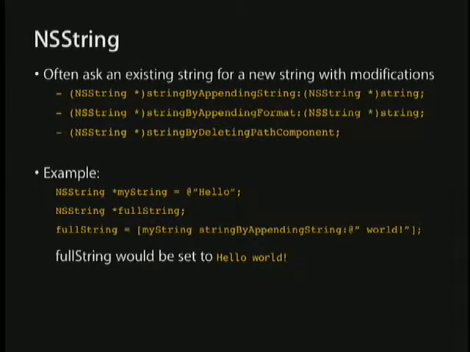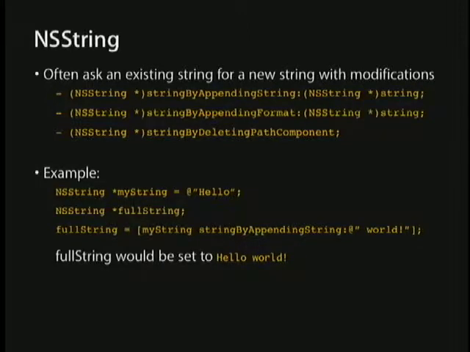NSString has a bunch of convenience methods for getting new strings that have been modified in some way. So we've got a bunch of examples here. There's stringByAppendingString, which if you send to a particular NSString instance, it's going to give you a new NSString instance that has the string you're passing in concatenated on the end of the one that you just messaged. stringByAppendingFormat is pretty similar, except it takes a format string and a variable number of arguments for the format specifiers. And stringByDeletingLastPathComponent, if you've got a path to something on disk, you can message that and it'll give you back a new NSString that has the same path, just with the last path component lopped off.